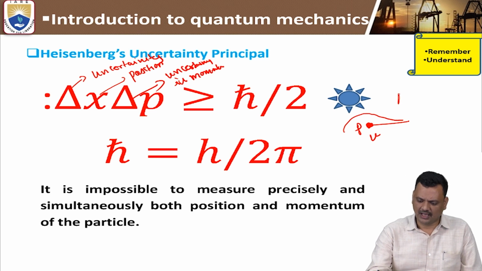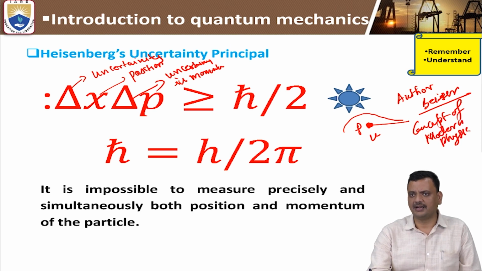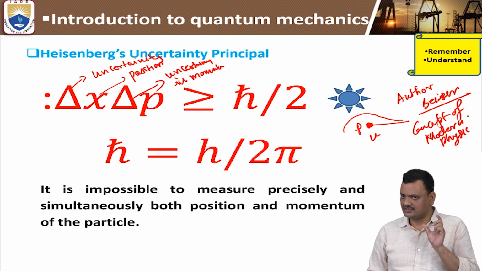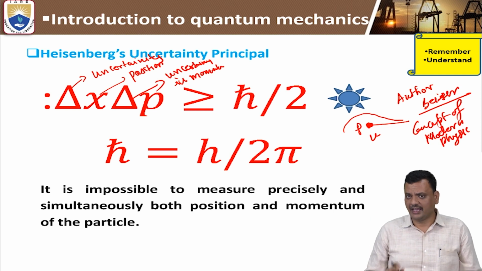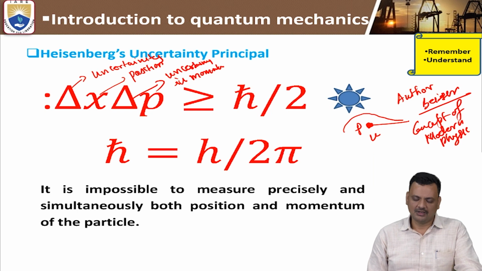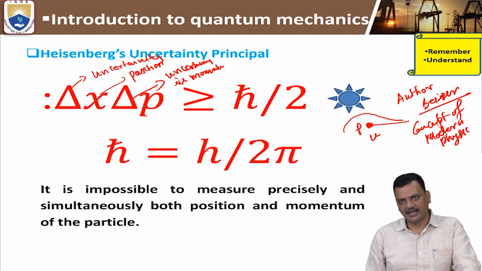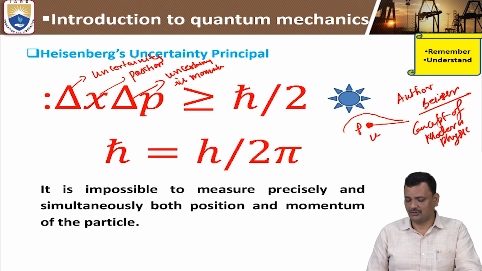I will suggest one book, Arthur Beiser, Concept of Modern Physics, where it is clearly mentioned that not a single wave, but a group of waves is associated with any moving particle, and then only this relation will hold, meaning delta x and delta p will always be greater than or equal to h cross upon 2.